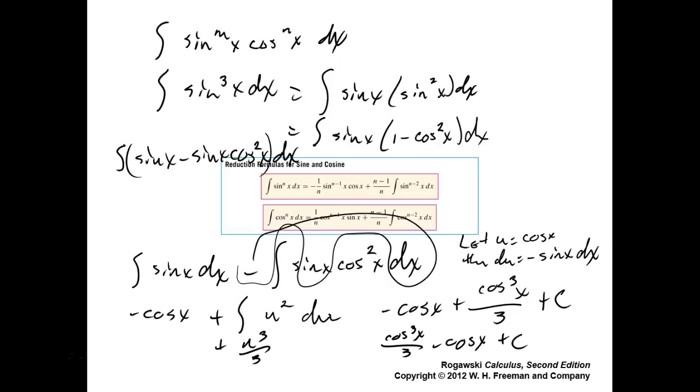What we got last time was, I'm just going to write down the answer, minus 1/3 sine squared x cosine x minus 2/3 cosine x plus c. That's the answer we got before.